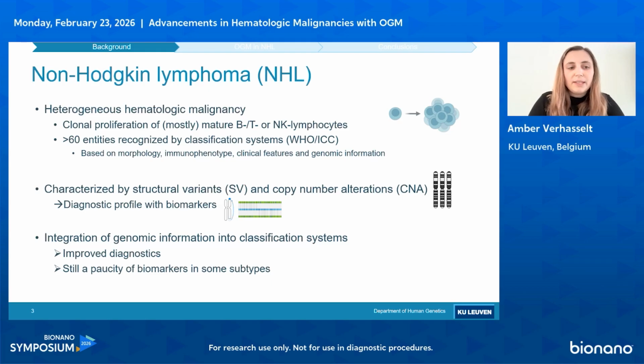Most of these entities are characterized by structural variants and copy number alterations, which can give us a diagnostic profile with biomarkers. Integrating this information into the classification system has improved diagnostics, but some subtypes still have a paucity of biomarkers. This is mostly the case in the rare subtypes where we have little genomic information.